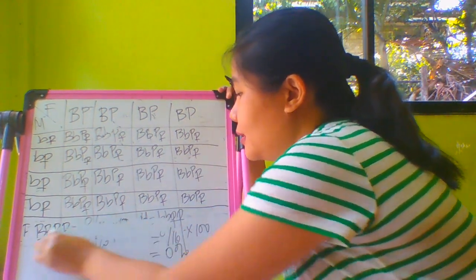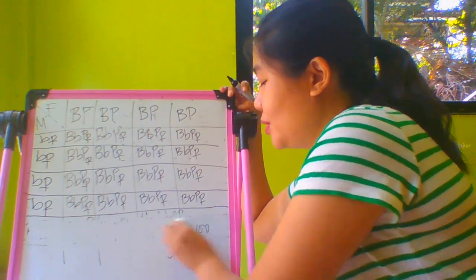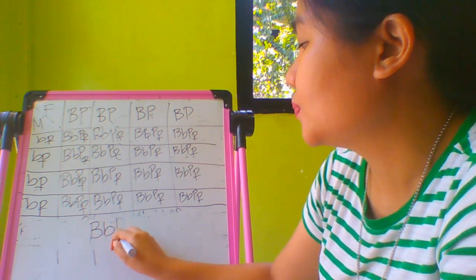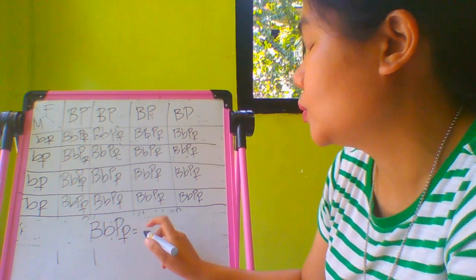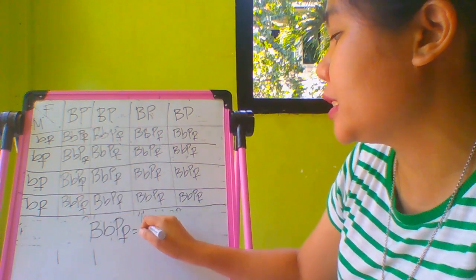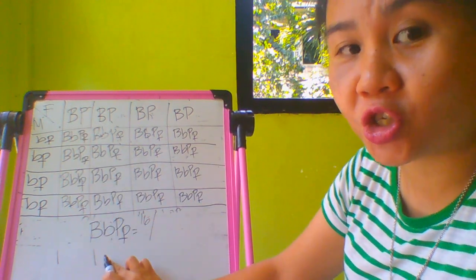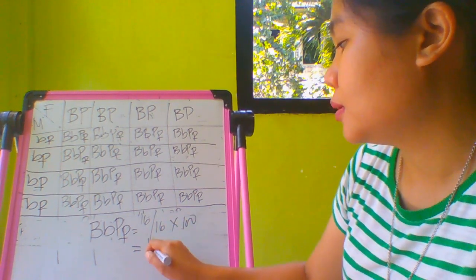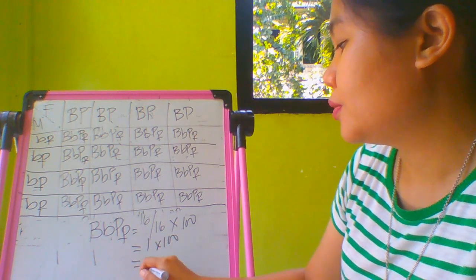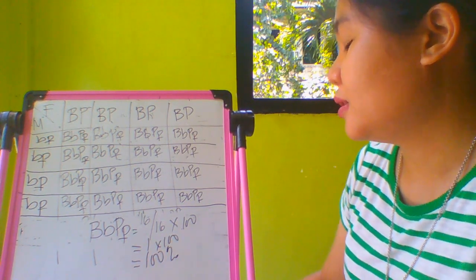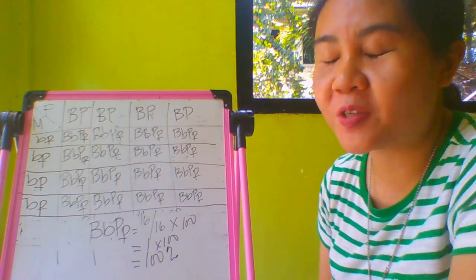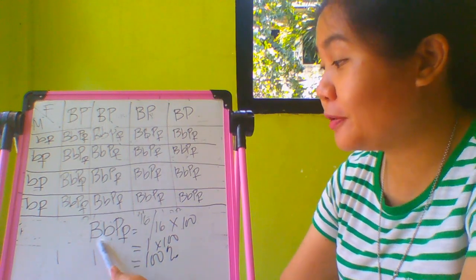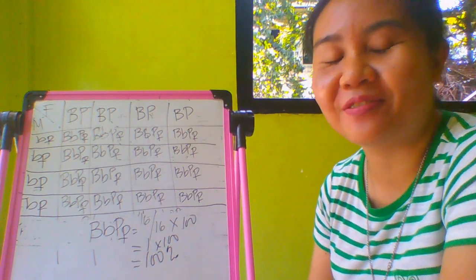How about the other combination? As it seems, all 16 boxes have this genotype, thus 100% is the probability of the offspring to be a heterozygous black and a heterozygous polled individual.